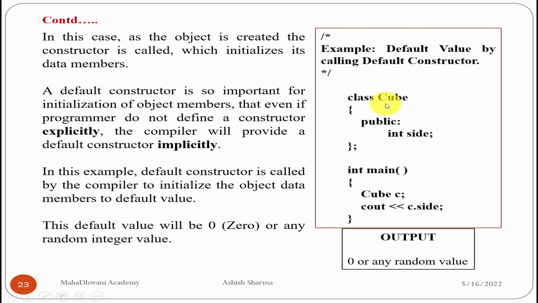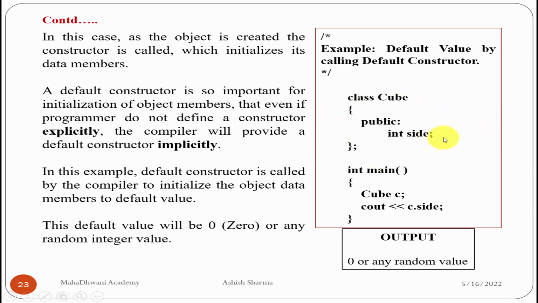Here is the class cube. Inside the class we have a public section, and inside the public section we have the data member side, which is of integer type. You can see here we didn't write any constructor definition. We just wrote the public data member and closed the class. This is just the class definition.